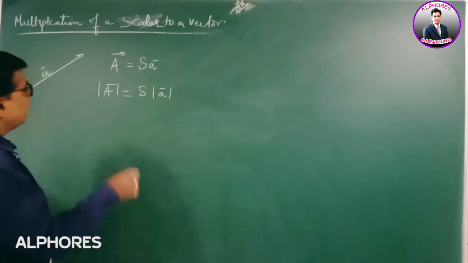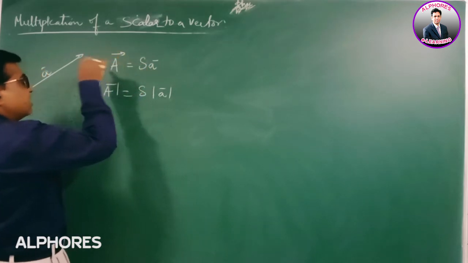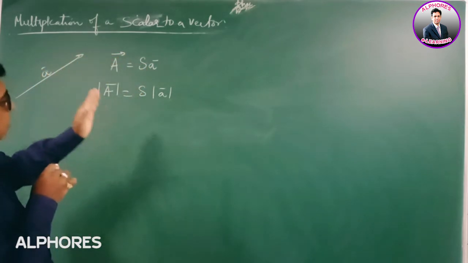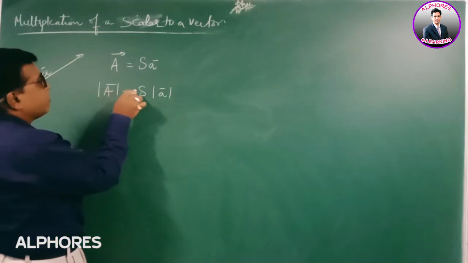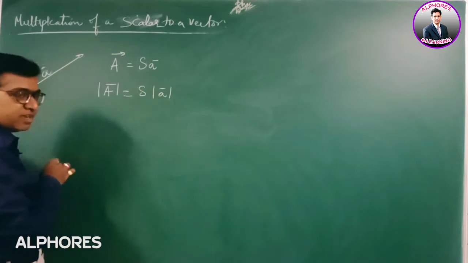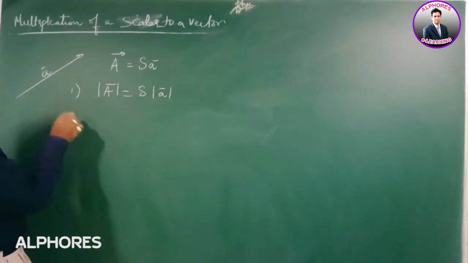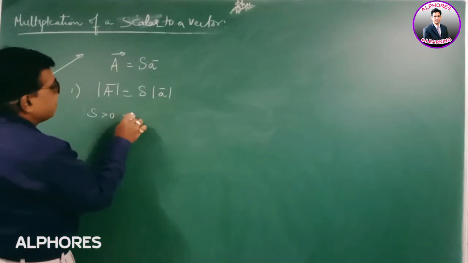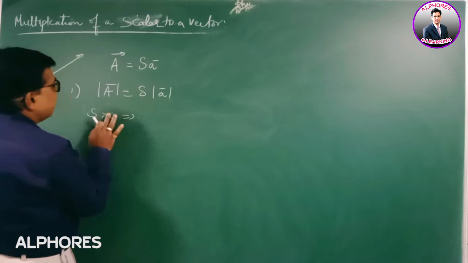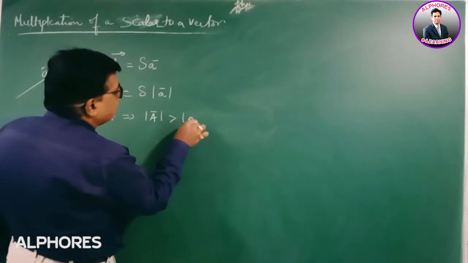So whenever a vector a bar is multiplied to a scalar, it yields another vector A bar, where the magnitude of A bar is S times the magnitude of a bar. First case. Now in this one again, if the scalar is greater than 1, suppose, then the magnitude of A is greater than the magnitude of small a.